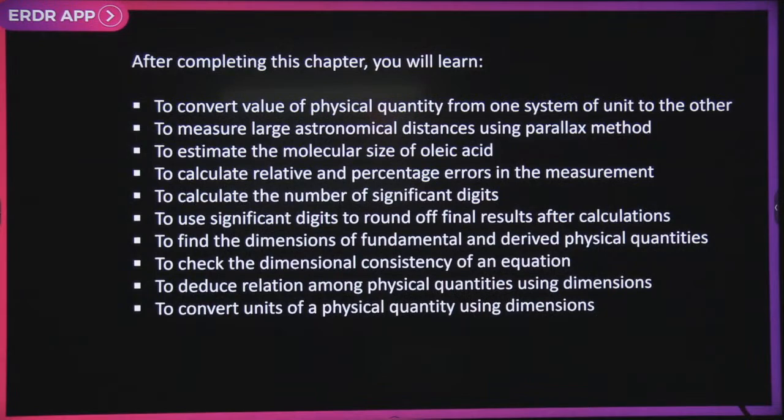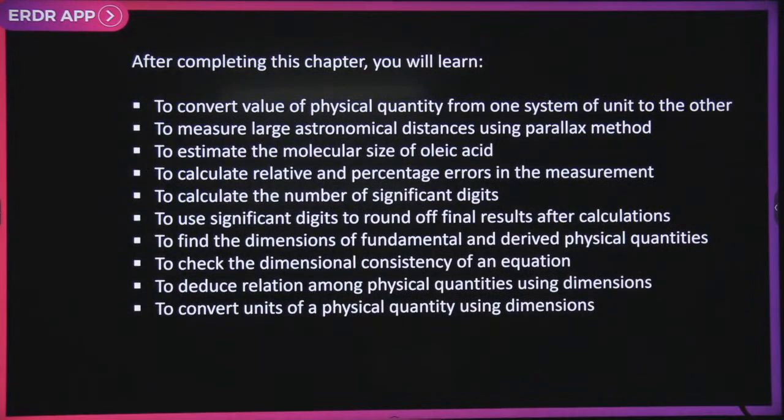In the first chapter, after completing it, you will learn to convert values of a physical quantity from one system of units to another, to measure large astronomical distances using the parallax method, to estimate the molecular size of oleic acid, to calculate relative and percentage errors in measurement, to calculate the number of significant digits, and to use significant digits to round off final results after calculations, so that you can write the precise answer in your IIT JEE question paper.